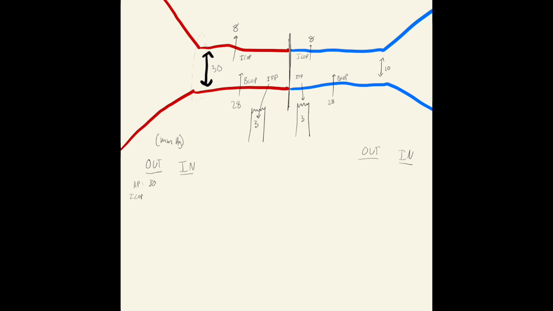ICOP, which is the interstitial colloid osmotic pressure, and then BCOP is the blood colloid osmotic pressure. So ICOP, let me go back to that. ICOP is 8. The IFP is the pressure that this vessel right here, which is a lymphatic vessel, is actually pulling things out of the blood.